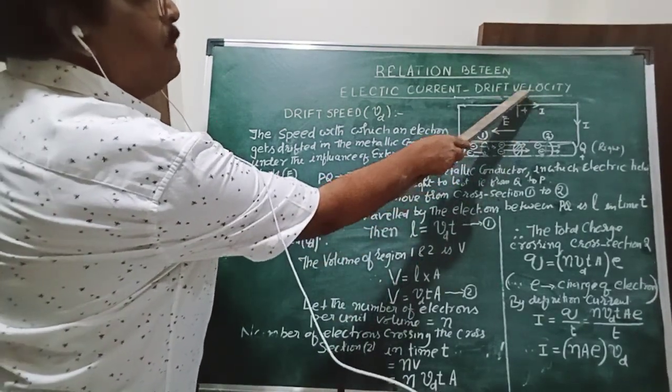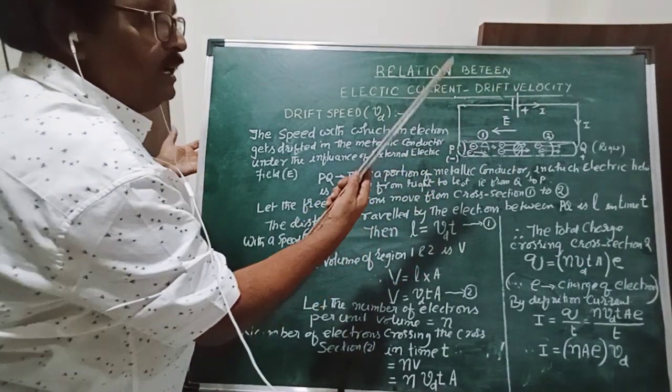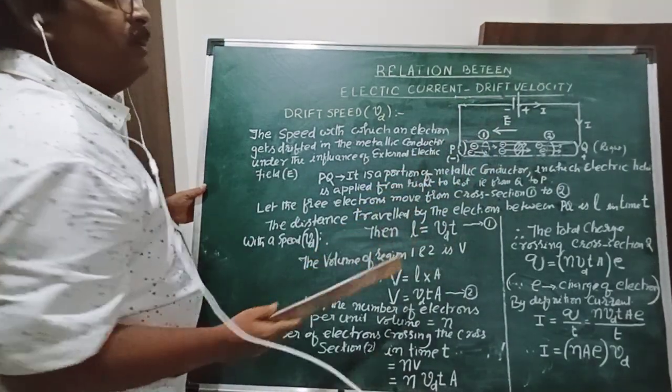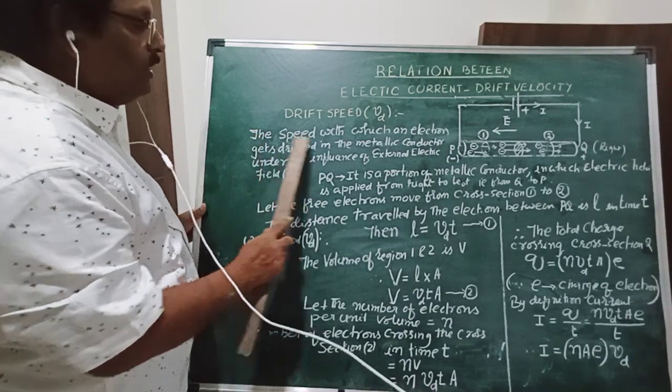That means we have connected a battery of constant EMF. EMF is the energy that is required to circulate a charge once around in a closed circuit. Right. So this is called drift speed.